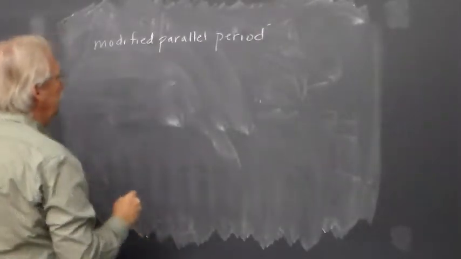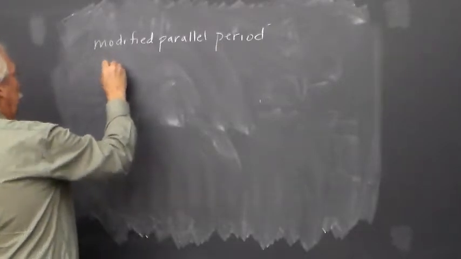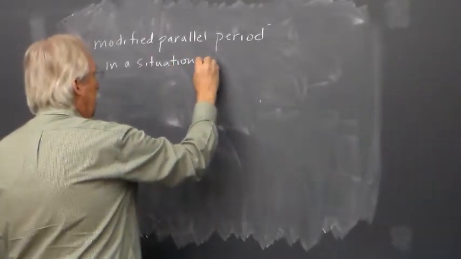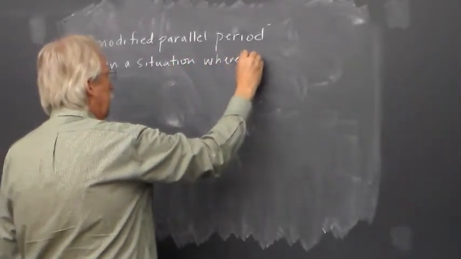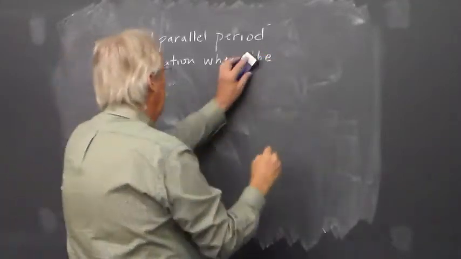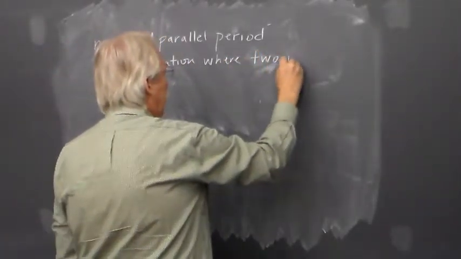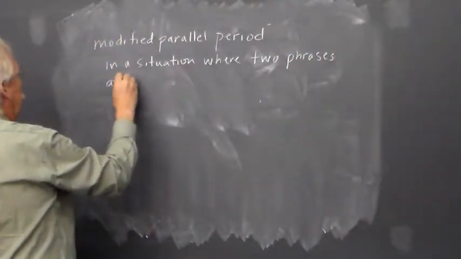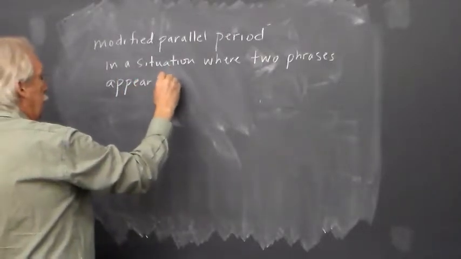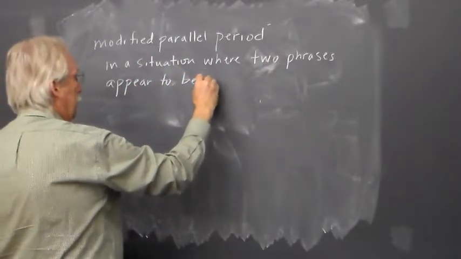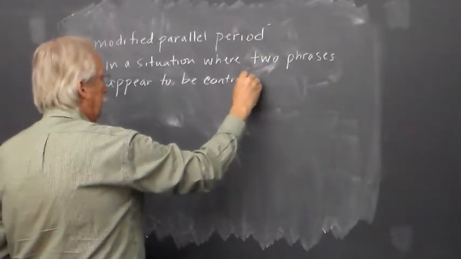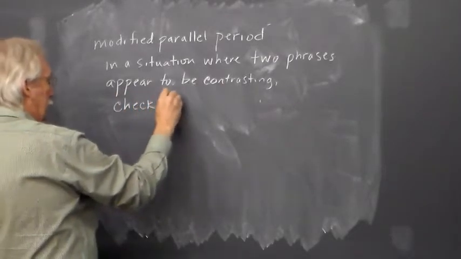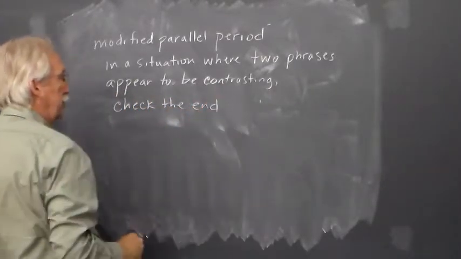So let's do it this way. I'll say, so we have 2 phrases that appear to be contrasting.